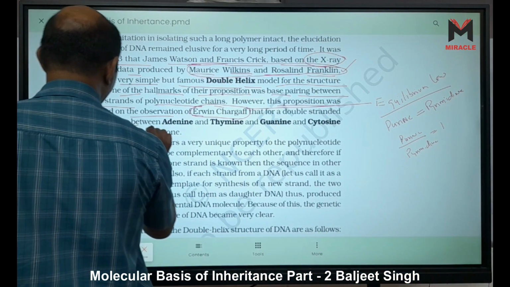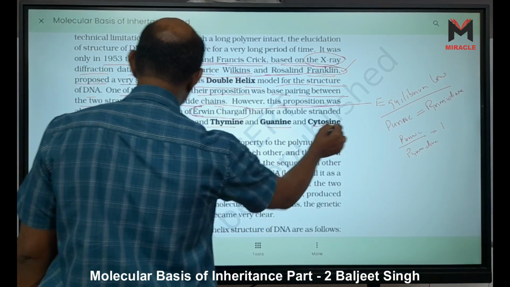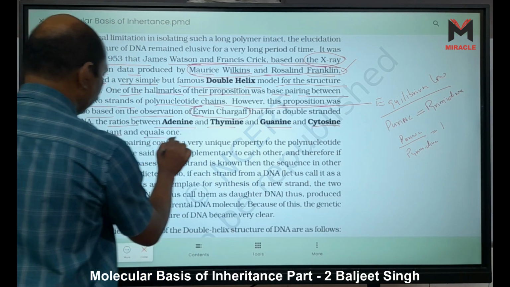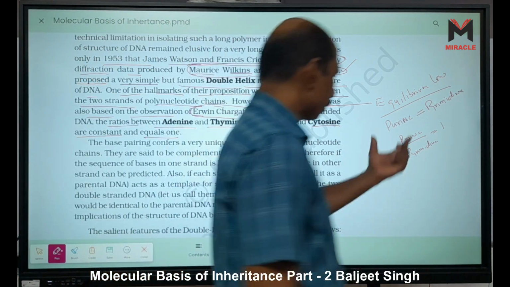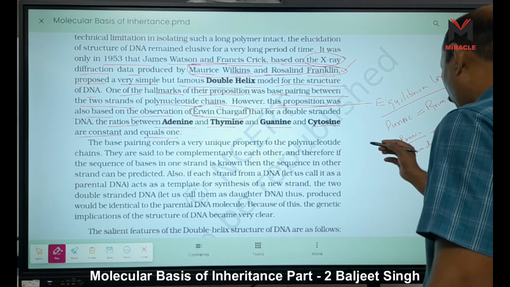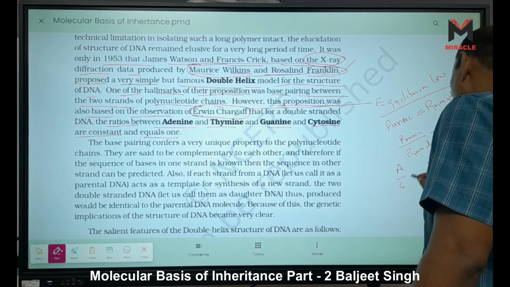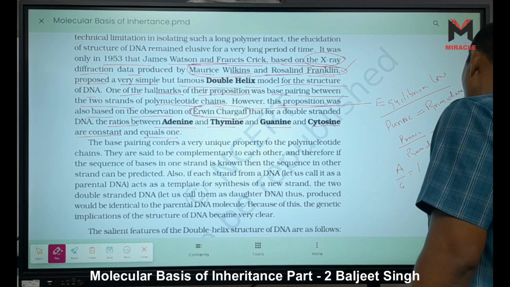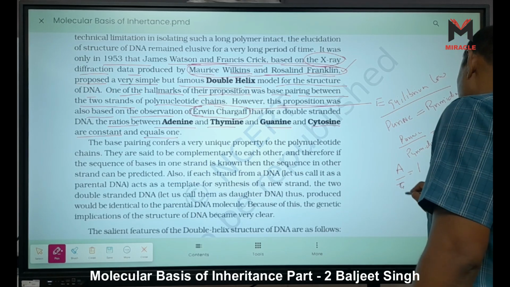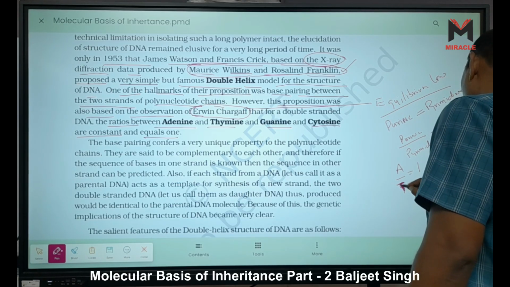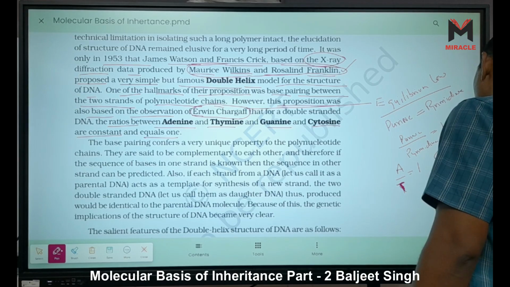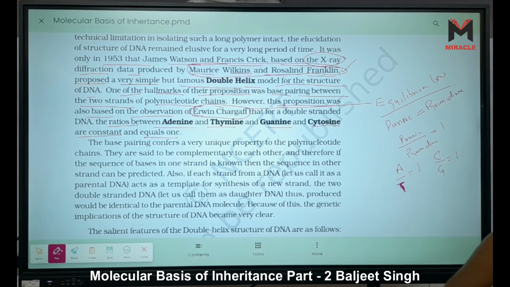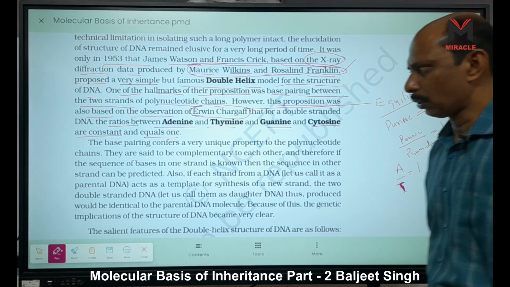The ratio between adenine and thymine, and guanine and cytosine, are constant and equal to 1. We can say A upon T is equal to 1, or C upon G is also equal to 1. He gave this one, always constant.